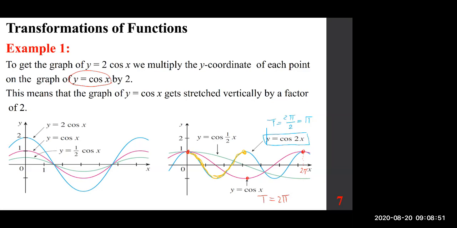And the green one, let me use it. For this one, T is 2 pi divided by 1/2. So it's 4 pi. And that's why this is a portion of that. Let me see what color I can use to show you the other graph.